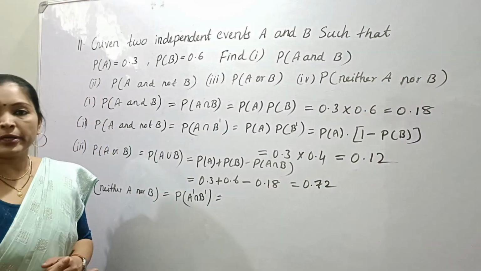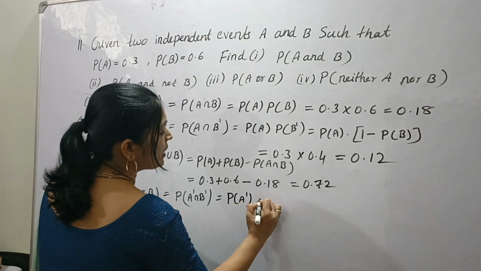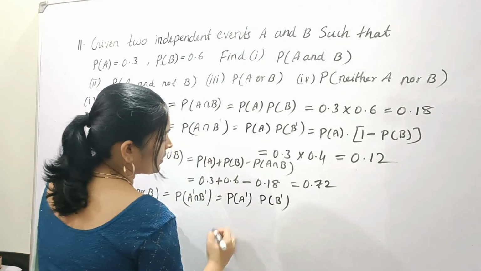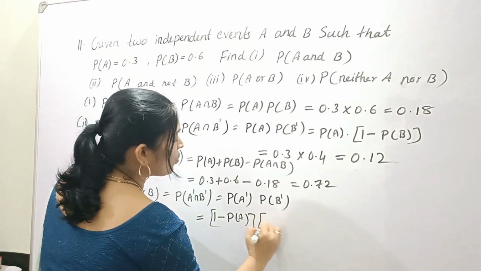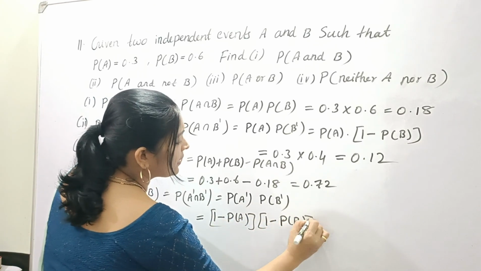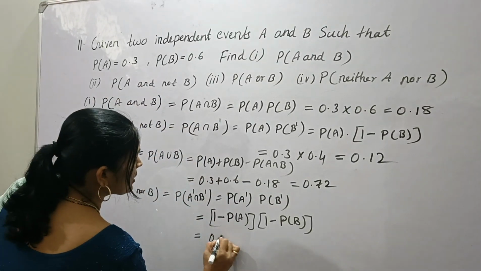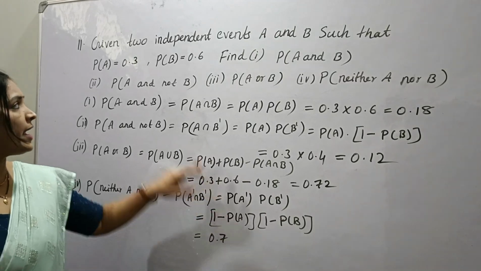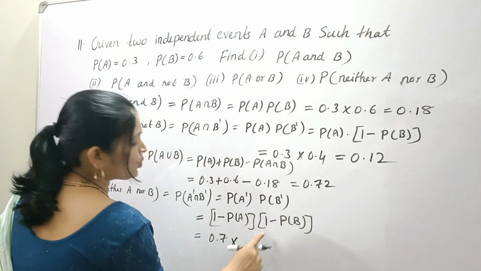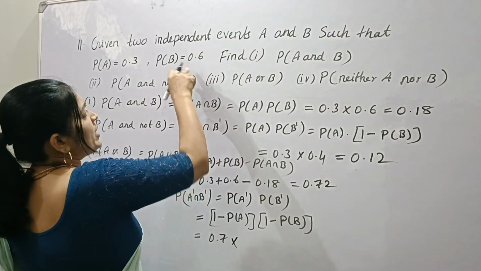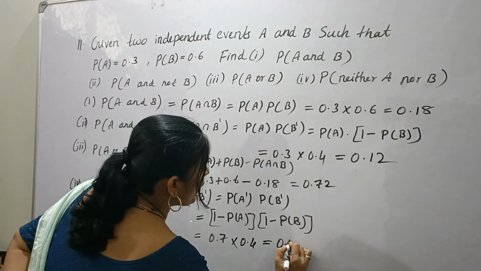So here A complement and B complement are independent events, therefore probability of A complement into probability of B complement, that is equal to 1 minus probability of A into 1 minus probability of B, right? That is equal to 1 minus probability of A, probability of A is 0.3, 1 minus 0.3 is 0.7, into 1 minus probability of B. Probability of B is 0.6, so 1 minus 0.6 is 0.4. That is equal to 0.28.